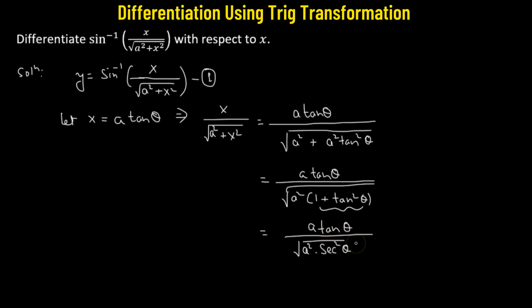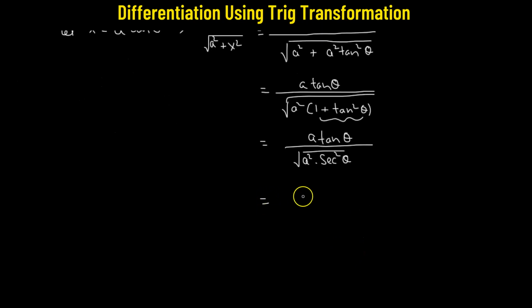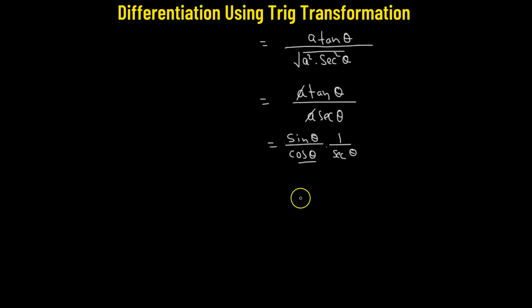Now we have a times tangent of theta divided by a times secant of theta. Here a and a cancel out. Tangent of theta we can convert to its ratio of sine and cosine, so we have sine theta over cosine theta multiplied by 1 over secant theta. We know that the product of cosine theta and secant theta is 1. So this gives us sine theta.